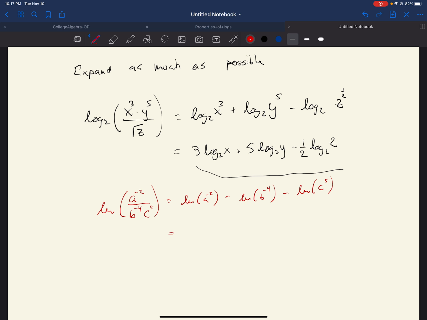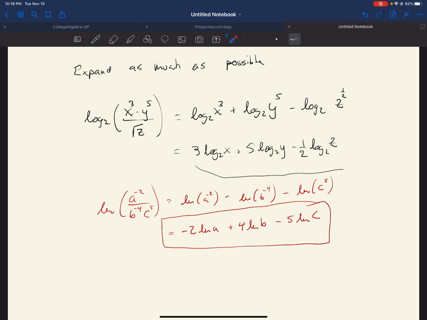The negative 2 would make it minus 2 ln a. A minus times negative 4 makes it plus 4 ln b. And then we have minus 5 ln c. So that would be as simplified as I could get it using just straight properties. But here's the thing.